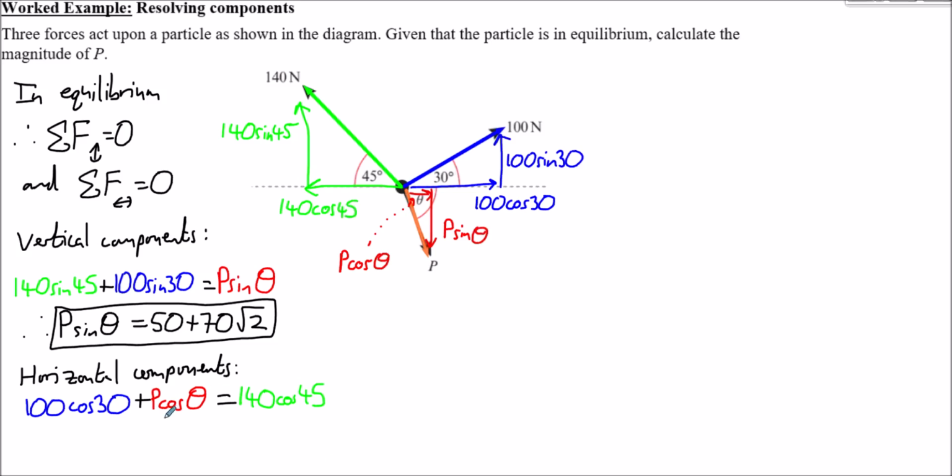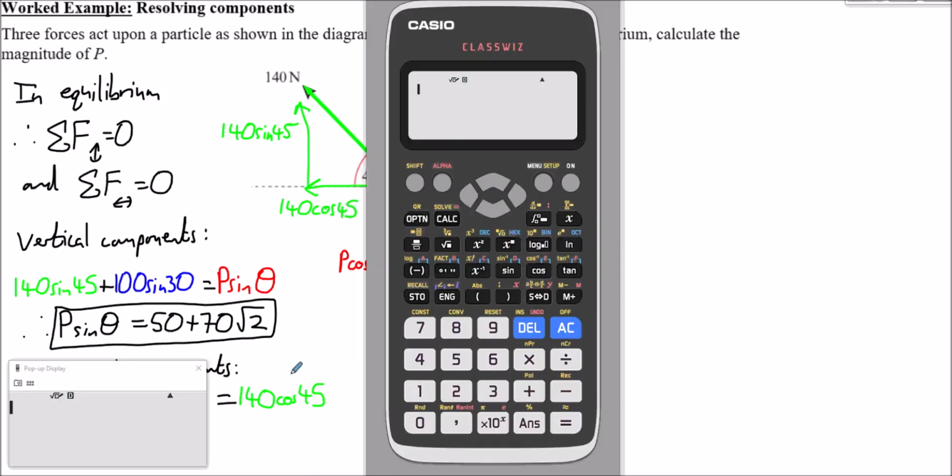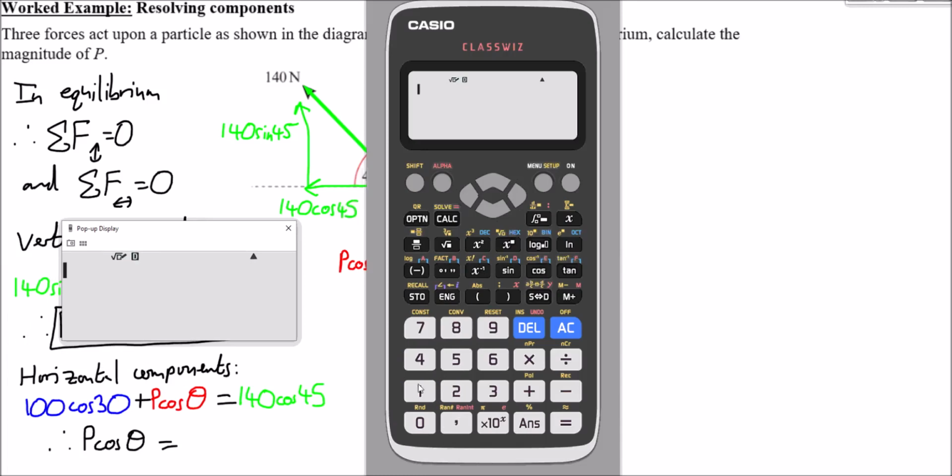So, going back to here, we can rearrange this to get what P cos theta is in exact form. So P cos theta is going to be 140 cos 45 minus 100 cos 30. So what do we get if we do that? We get 140 cos 45, close brackets important, minus 100 cos 30.